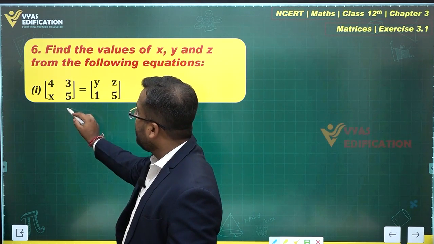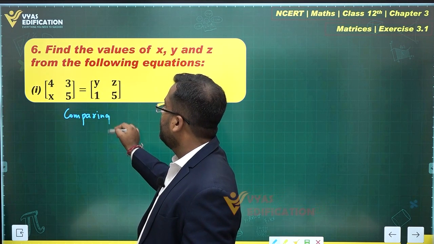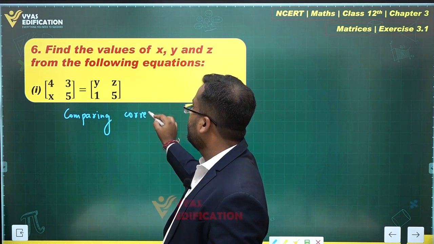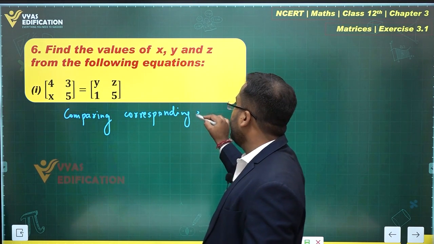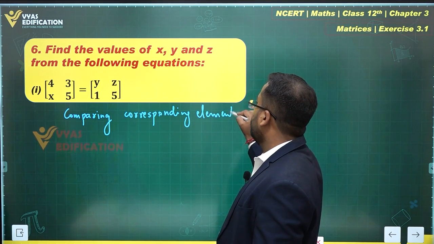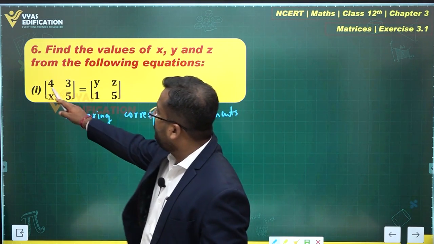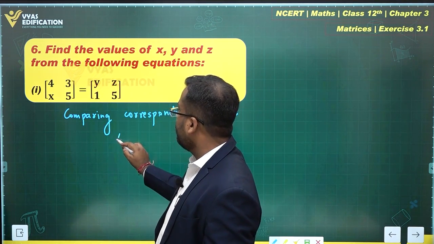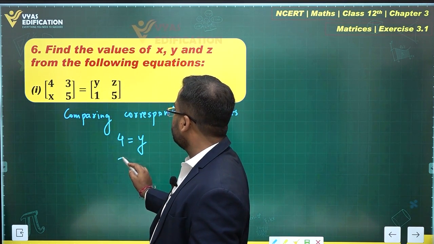So, comparing corresponding elements. What do we have? This 4, A11, should be equal to y. 4 equals y. This 3 equals z.